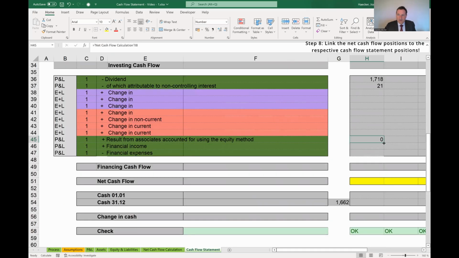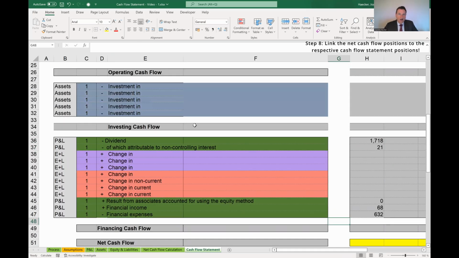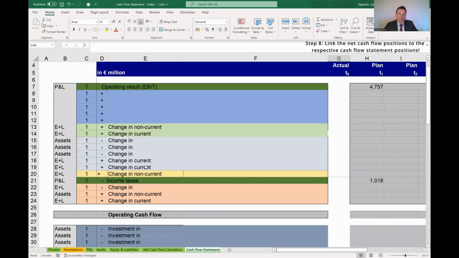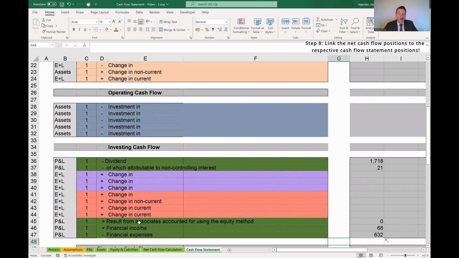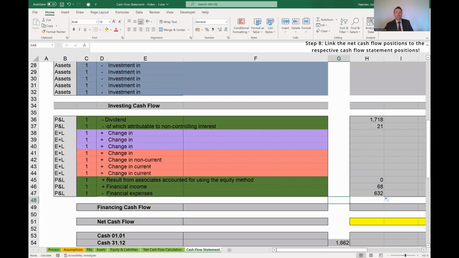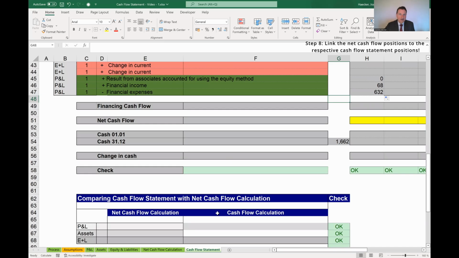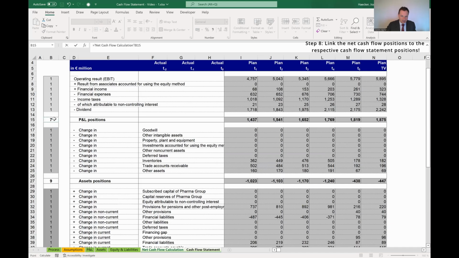And I can pull that down. So now I have 1, 2, 3, 4, 5, 6, 7 green positions, P&L positions. All are done. And how many P&L positions did I have? Well, I had 7 P&L positions here.